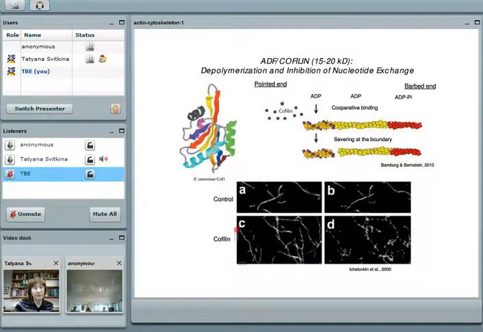You can observe this in an in vitro experiment. If you have actin filaments labeled with a fluorescent molecule and watch over time, they remain pretty much as they were. But if you add cofilin, they all become fragmented into little pieces.